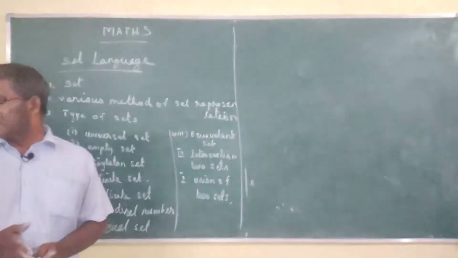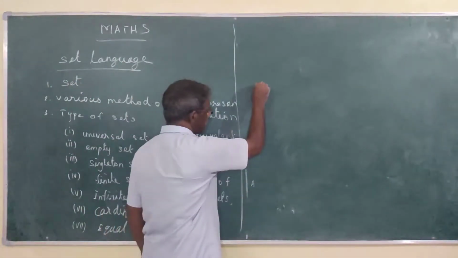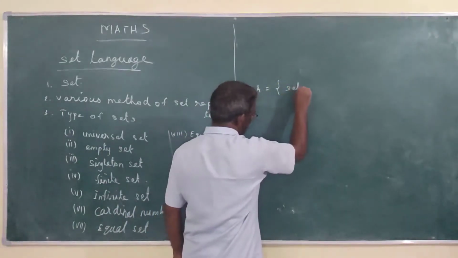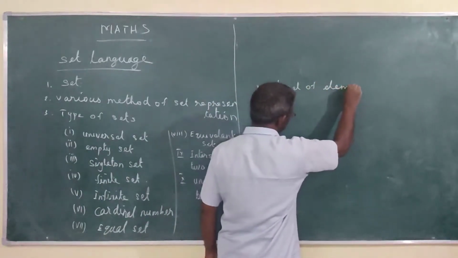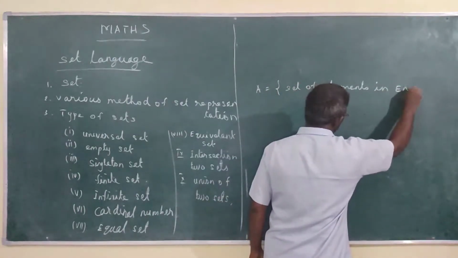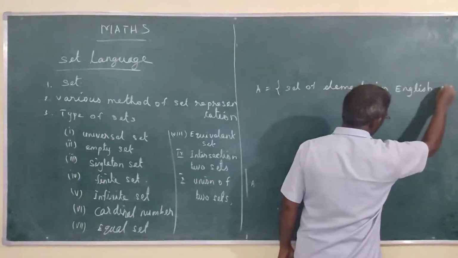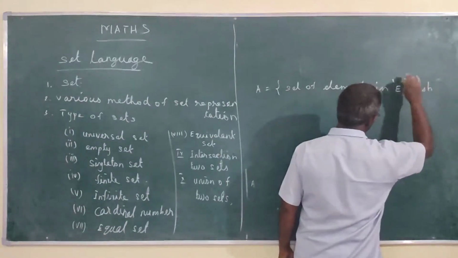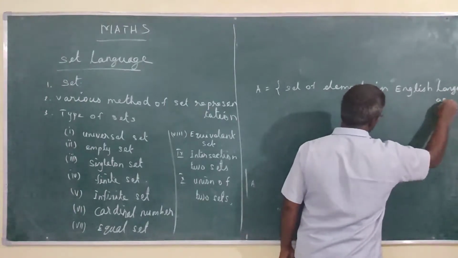I can give one more example. Set A is equal to the set of all elements in the English alphabet, or English language letters.